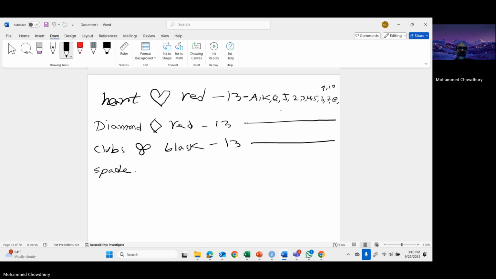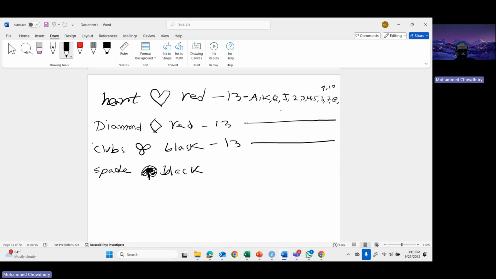Spade looks like an upside down heart. So how can I draw that? And there is a leaf, I guess, something like that. It's black.